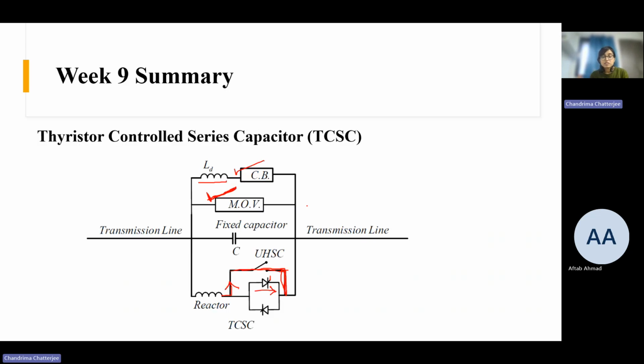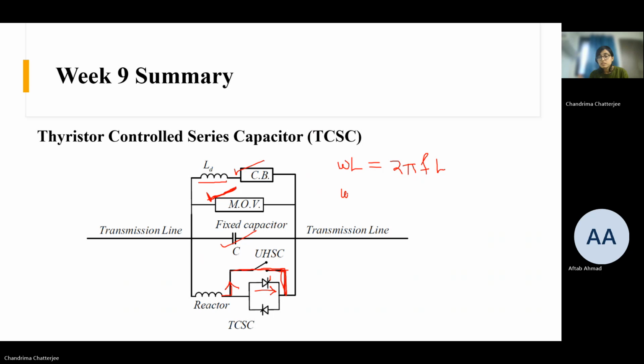Now, if we just refer to this figure, this is the fixed capacitor and this whole thing, the thyristors and this reactor, is the TCR, Thyristor controlled reactor. So omega L is equal to 160 that was given. That is equal to 2 pi F L, where F is the power frequency.